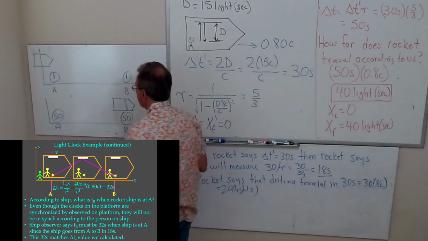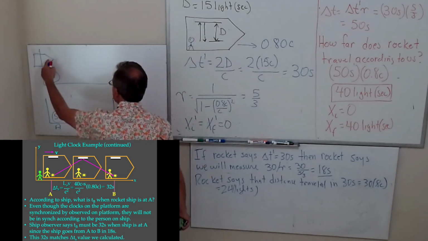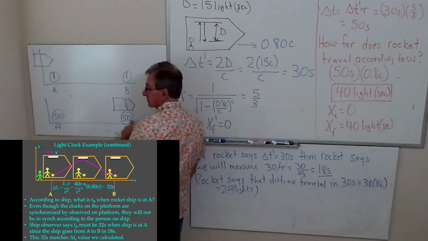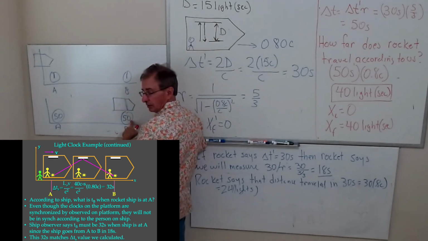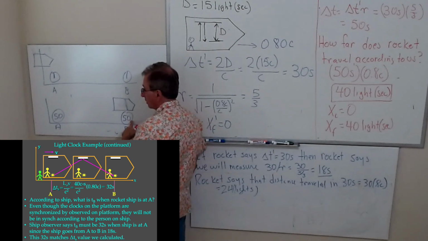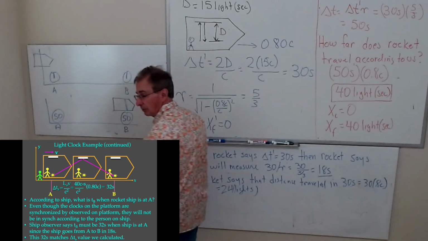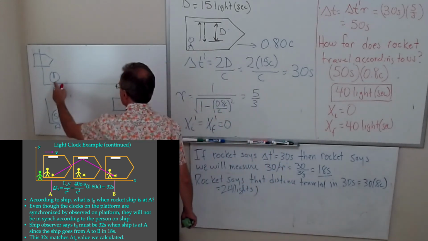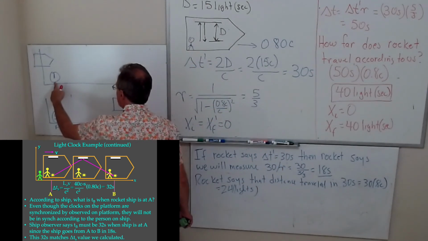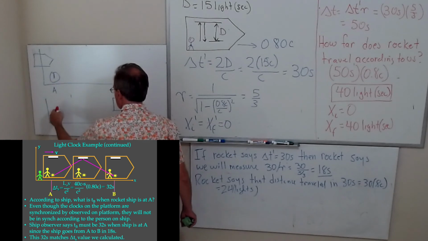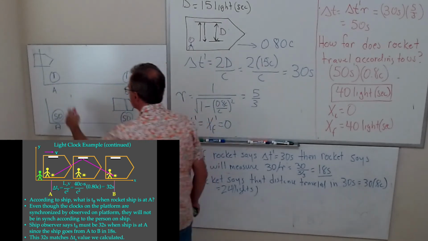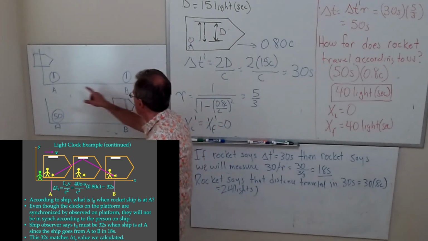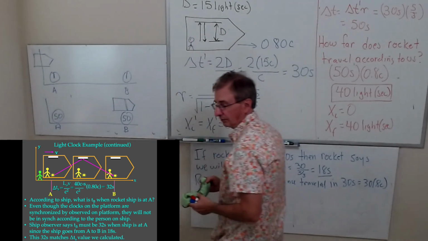If it takes this person 18 seconds to go from here to here, and this person agrees that this clock reads 50, then it's got to read 32. So the person on the rocket is saying this thing's got to read 32 when I hit this.